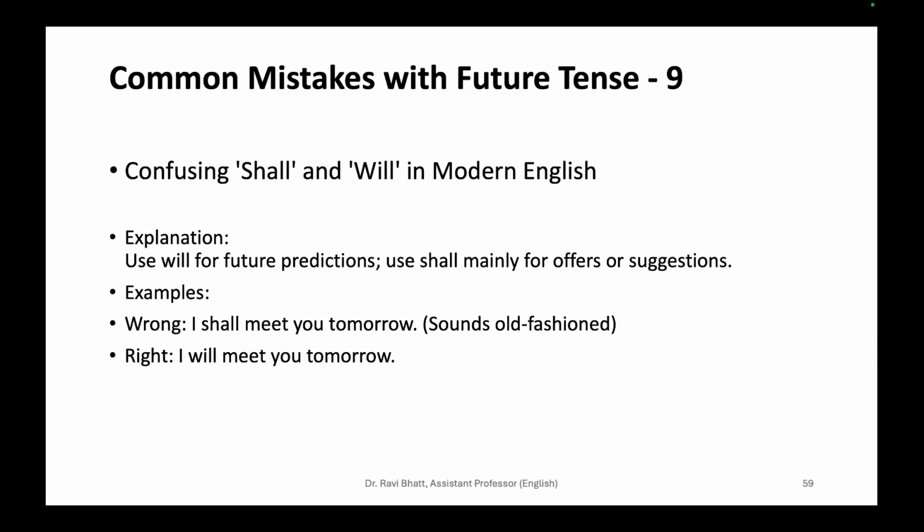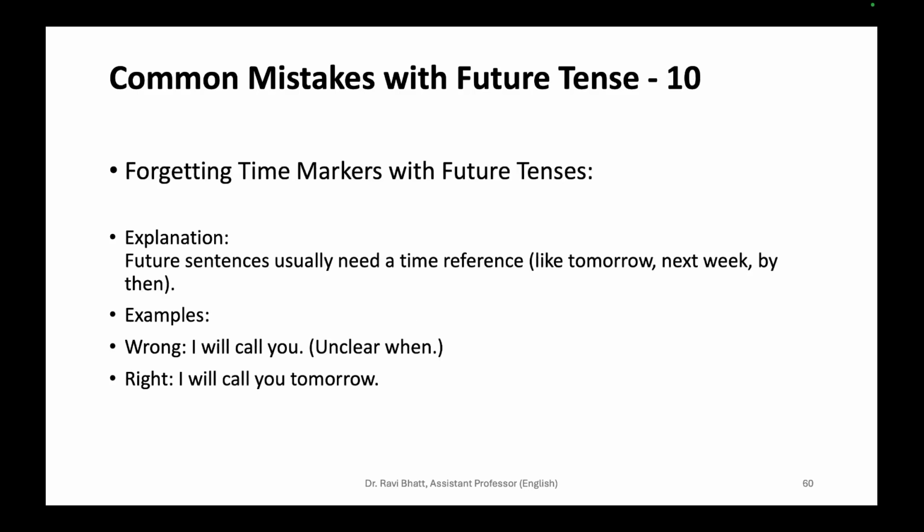Now, let's go with the next one. Forgetting time markers with future tense. One more mistake that we often commit is that we forget time markers with future tenses. For example, it is wrong to say "I will call you when." Okay.